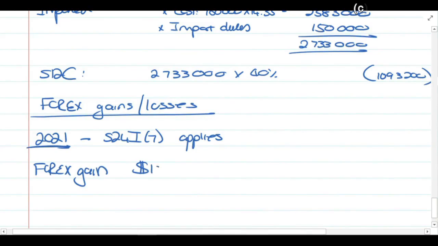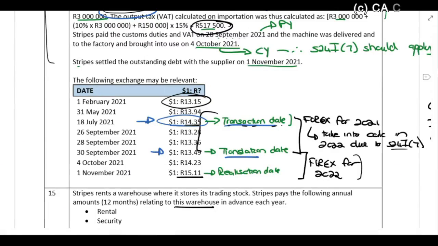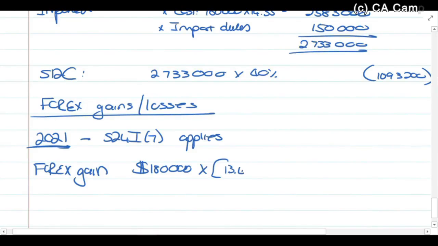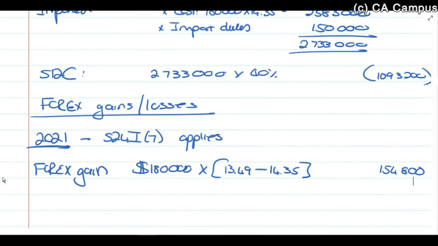So it is the dollar amount, 180,000 times 14.35 minus 13.49. I always just do it with the latest one first. Just looking at the calculation, it looks like a negative amount, but please remember, you have to use your logic. That's 154,800. Right, forex gain. Then 2022, this is just your normal section 24I.